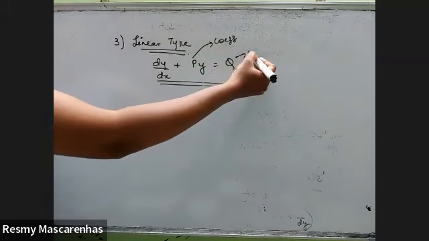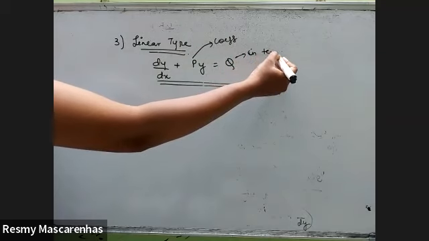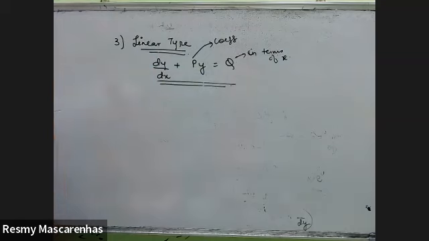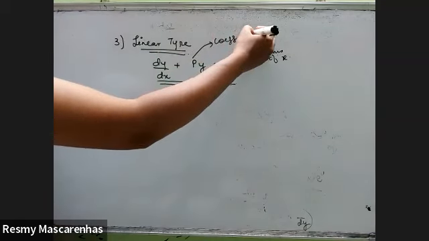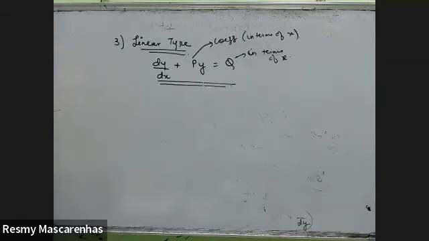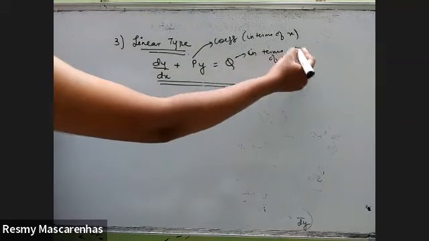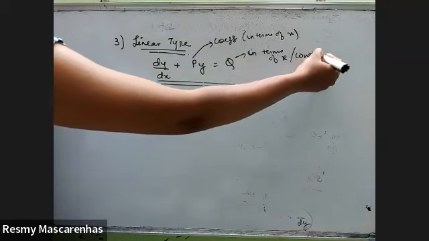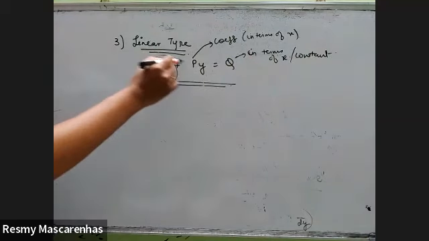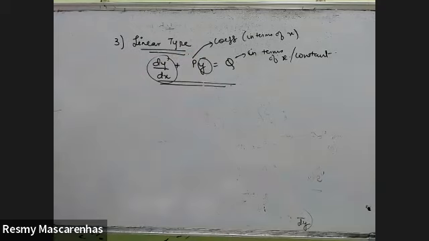Again, in terms of x, it could be. P and Q will be something in terms of x, or it could be a pure constant also. But dy by dx and this y have to be fixed.